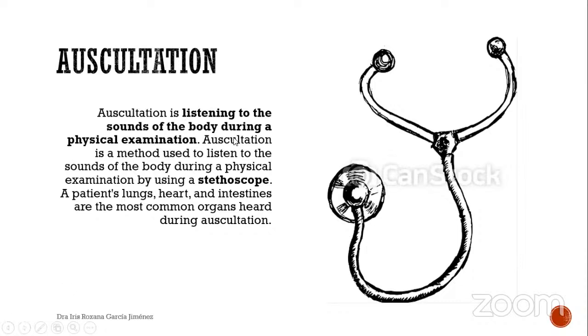This method is developed by a doctor, maybe by nurses, maybe by other healthcare providers, looking for specific details, and that's great. We use the stethoscope, and according to that, we have the chance to listen to the lungs, heart, and intestines or bowels. They are the most common organs heard, right?